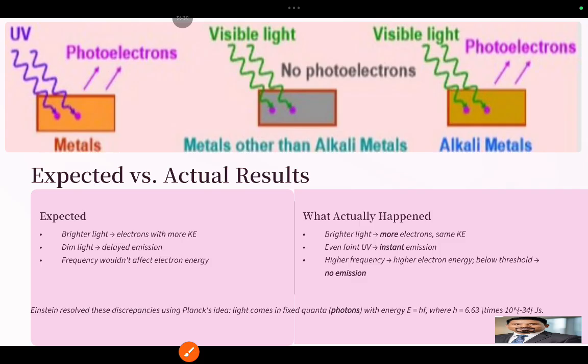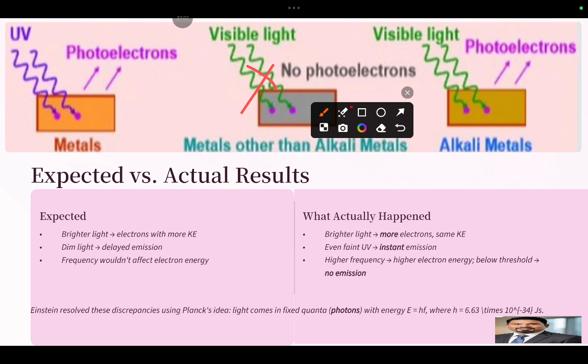UV light incident on a metal surface produces photoelectrons. Visible light incident on metals other than alkali metals gives no photoelectric effect, but on alkali metals photoelectrons are emitted. Those are the UV and visible light characteristics related to the photoelectric effect.